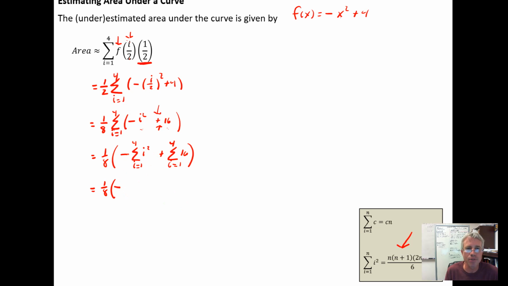So I get the opposite from right here of the sum from i equal 1 to 4 of i squared. So the sum of the i squareds when n equals 4 we'll get by replacing each of the n's here with the 4.